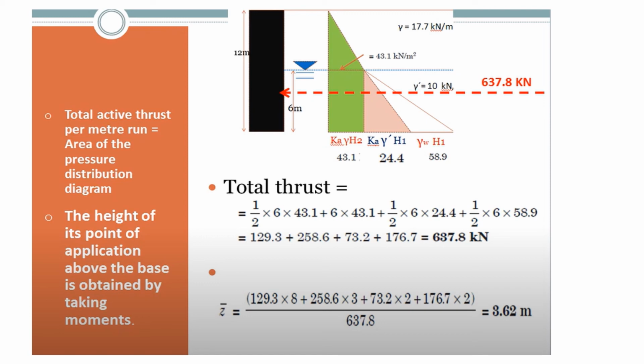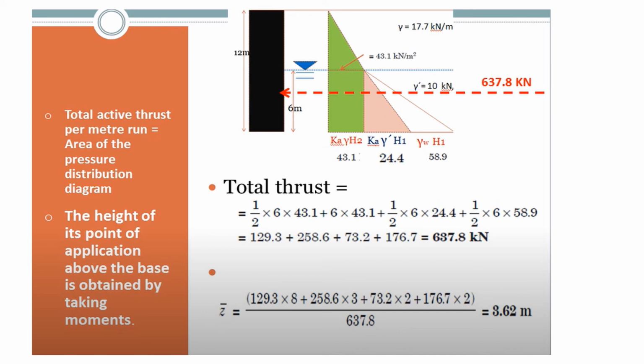This force will be acting, considering the triangle only, at a distance of h by 3. That is, the height is 6, then 6 by 3, that is 2 meter, in the top triangle. But when we consider from the base of the retaining wall, the point of application of the force 129.3 will be 6 plus 2, and hence it is 8.